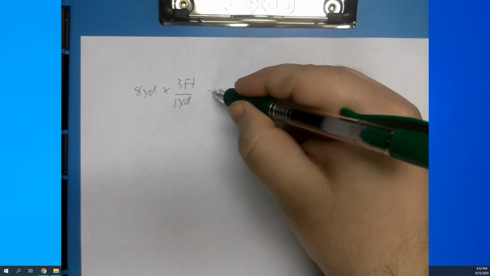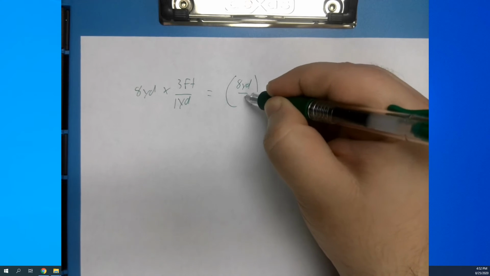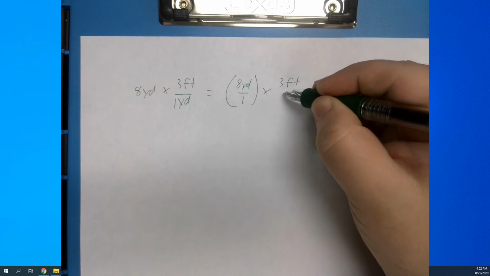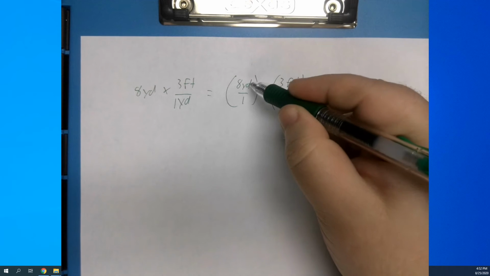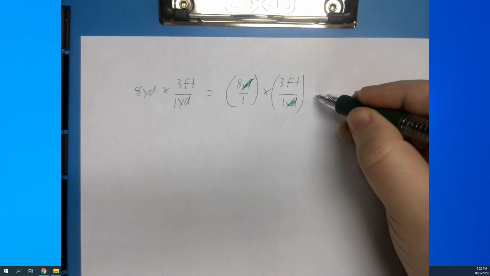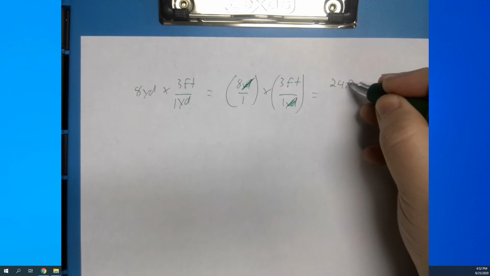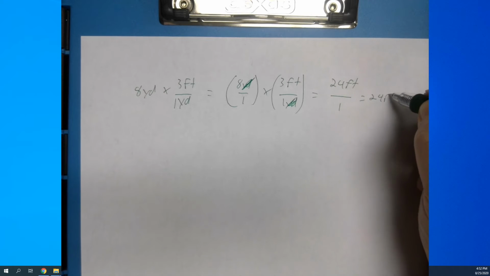They put parentheses, and we have 8 yards to 1, and they do 3 feet per 1 yard. The yards are going to cancel each other out, and you're left with just feet. And so we're left with 24 feet per 1, and you can get rid of the 1 by doing 24 feet.